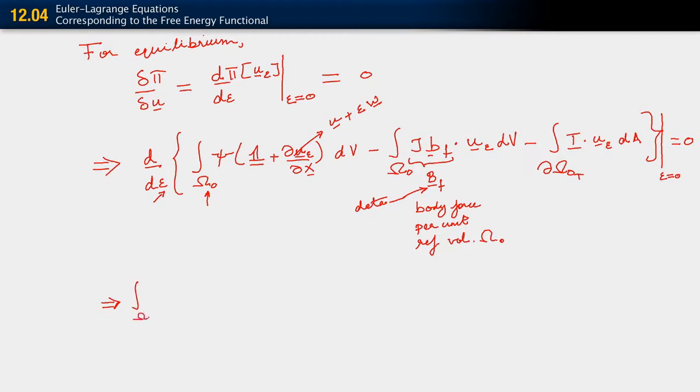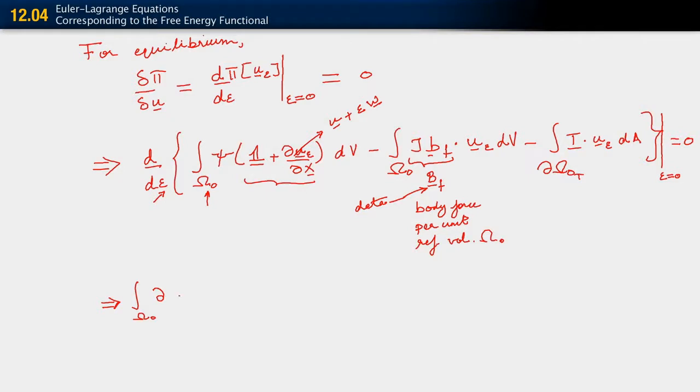When we do that, from the first integral we get the integral over omega naught. Now, we want to take derivatives with respect to epsilon here. Well, we just apply the chain rule, because that argument under which I've just drawn a brace is the argument of our strain energy density function. What that gives us is the derivative of psi with respect to F, contracted with the derivative with respect to epsilon of F sub epsilon.